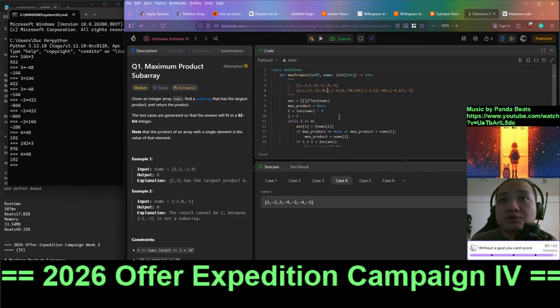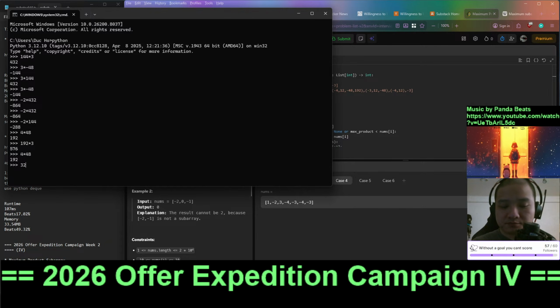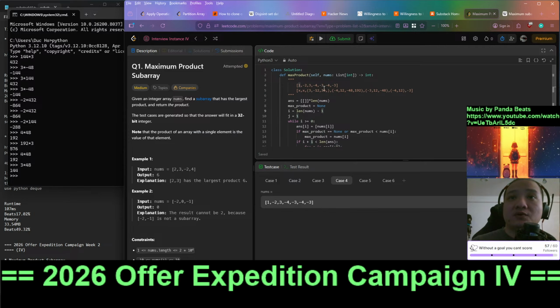Oh, this is 3, right? Multiplied by 48 here. And 44. This is negative. And 3, 92 to 5, 76.